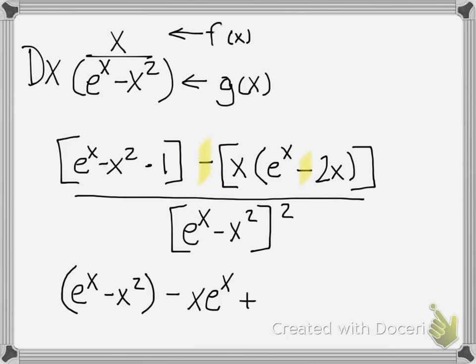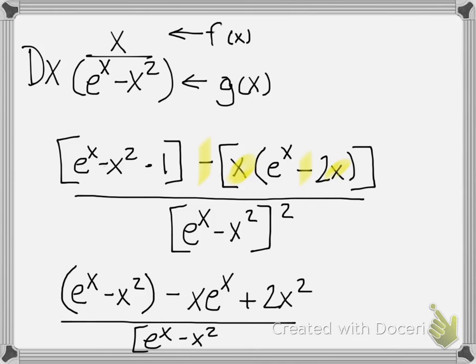But don't forget that we're actually doing that x times a 2x. So that's going to be 2x squared all over e to the x minus x squared, squared.